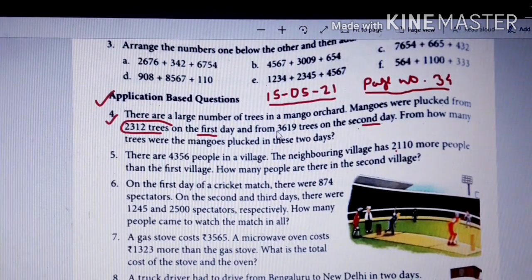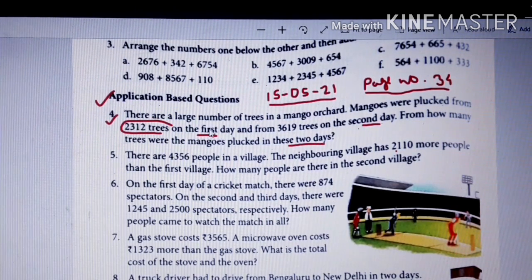And on the second day, children, from how many trees mangoes were plucked? From 3619 trees. What are they asking? From how many trees were the mangoes plucked in these 2 days? So in these 2 days, children, from how many trees mangoes were plucked?